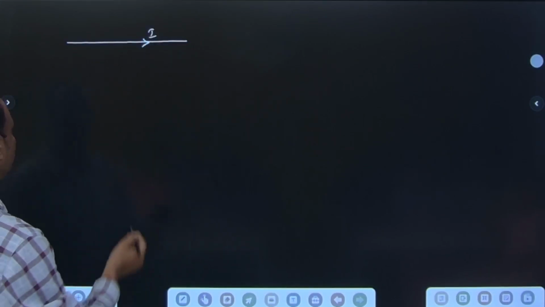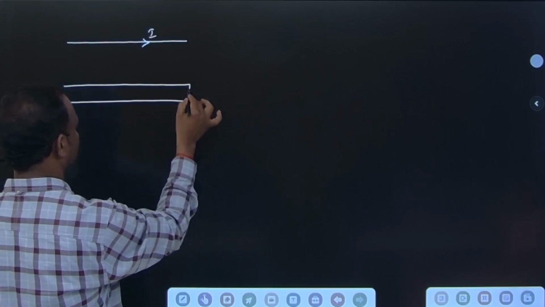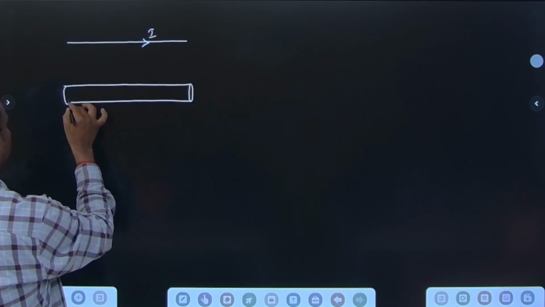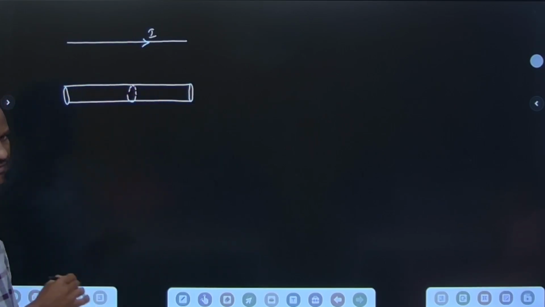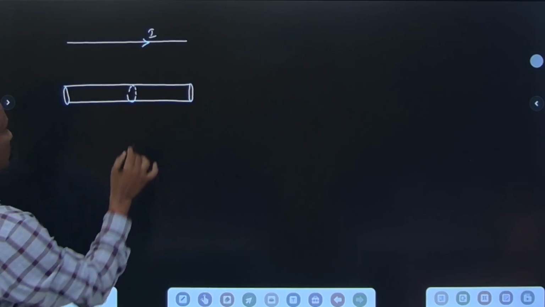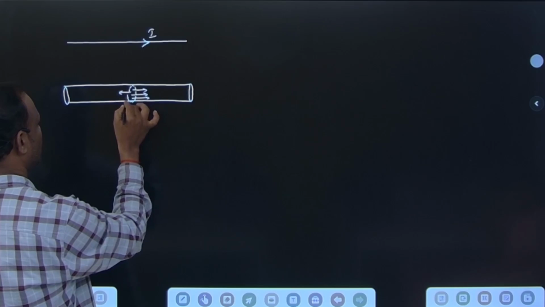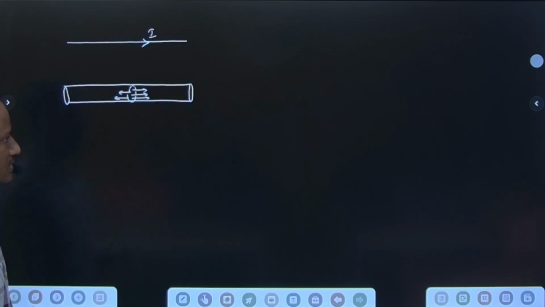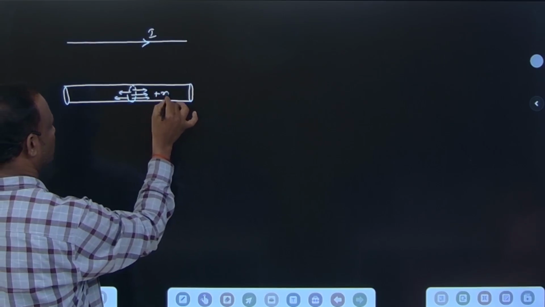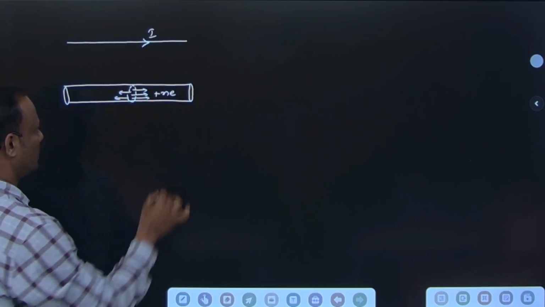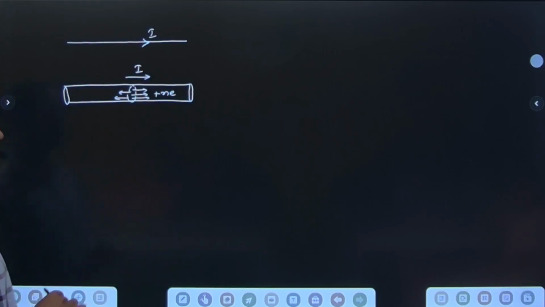Through the cross section of the conductor, positive and negative charges are flowing, and in the direction of positive charges, current will be flowing.